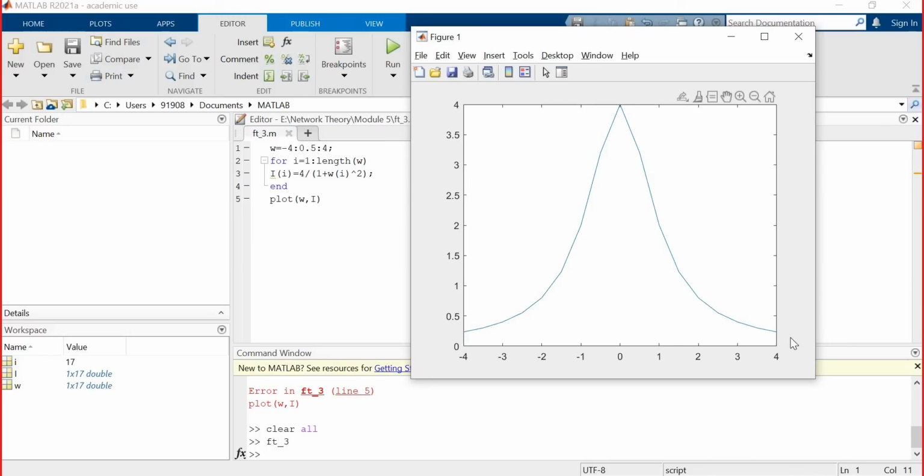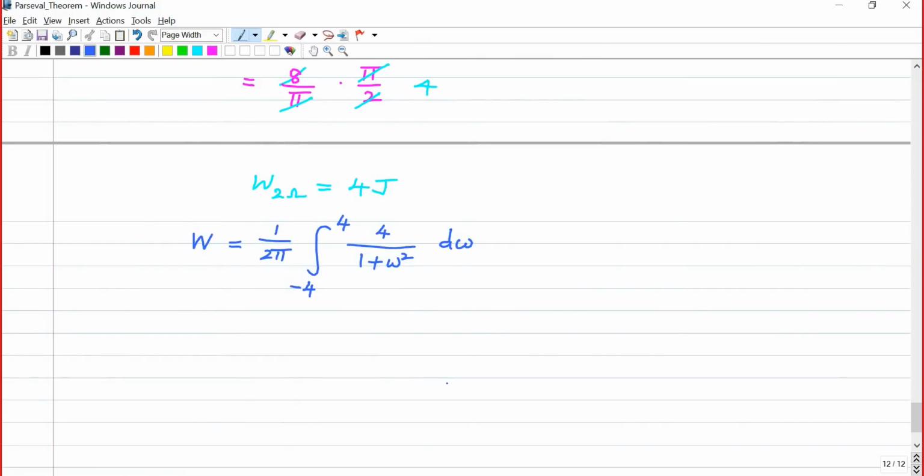Now you just notice it's symmetric. Okay, so what we can do, again we can reuse 1 over 2 pi, 2 times integral 0 to 4. This 4 also you can take it outside. 1 over 1 plus omega square d omega.